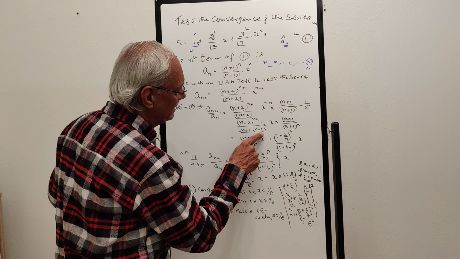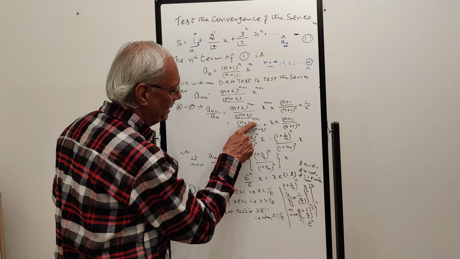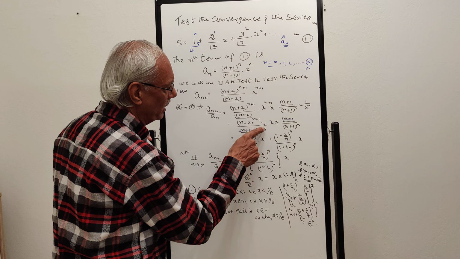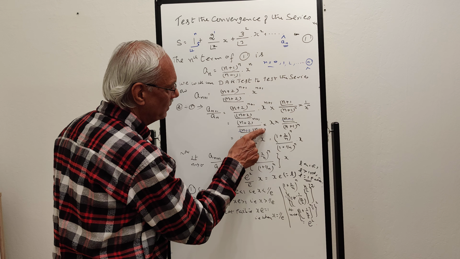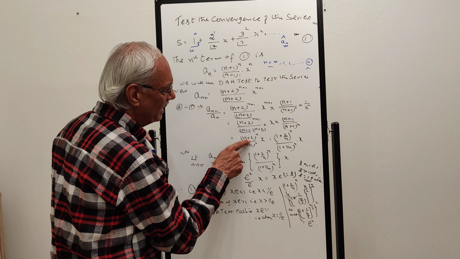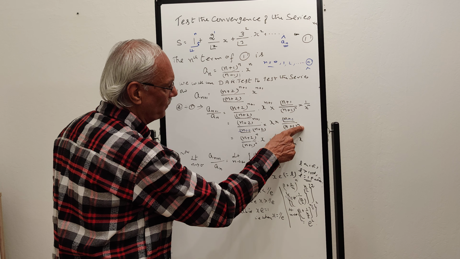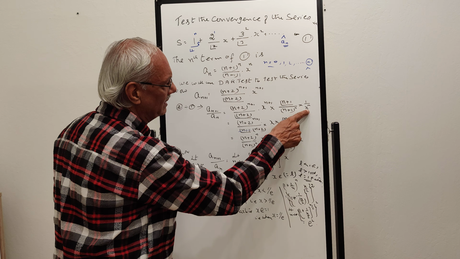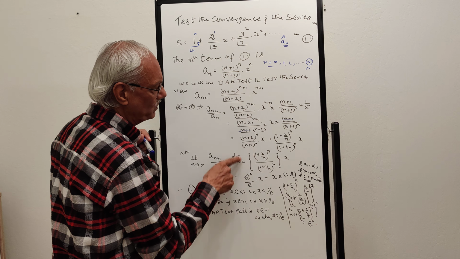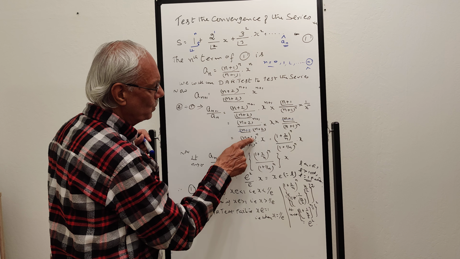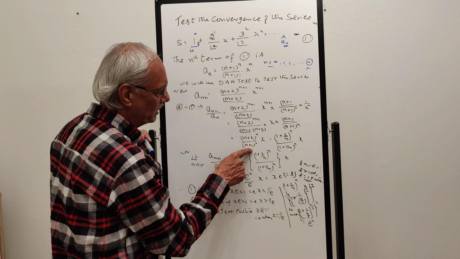Here you can find that this is (n+2)^(n+1). So one n+2 will go off, leaving you with (n+2)^n. Here you have got (n+1)^n into x, because this is x^n, this is x^(n+1). So you get (n+2)^n divided by (n+1)^n into x.